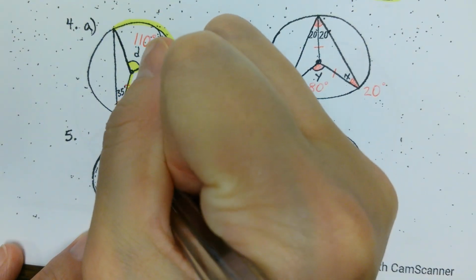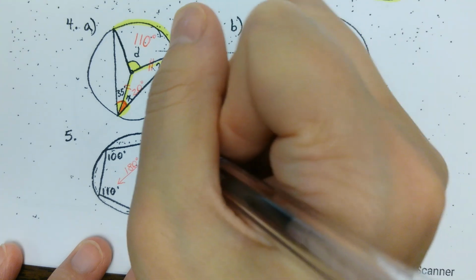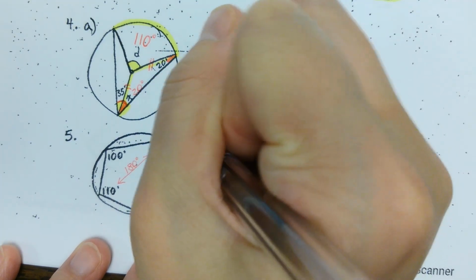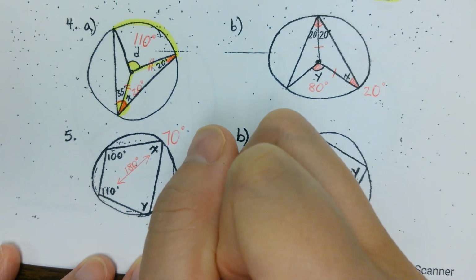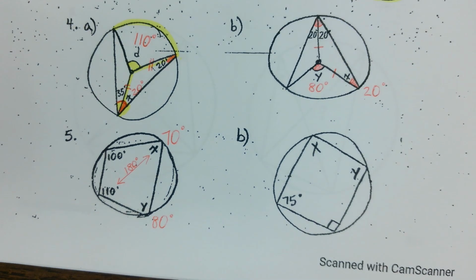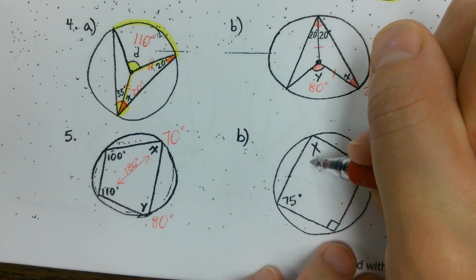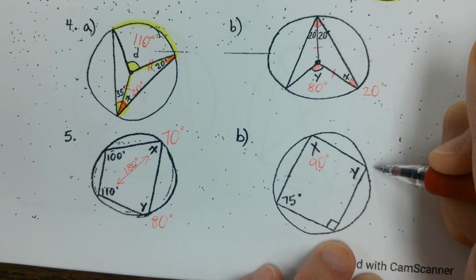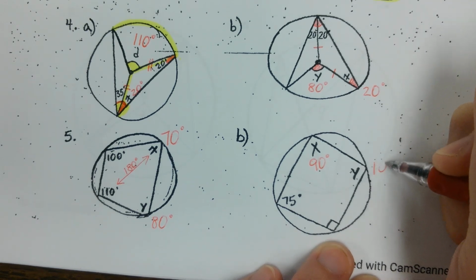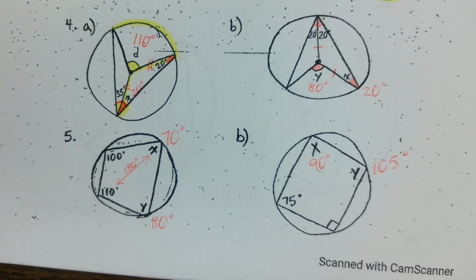Adds to 180 degrees. So x is and y is perfect. Yeah, simple as that. Opposite angles add up to 180 inside a circle. And so x is, and y is, that's it. Degrees.